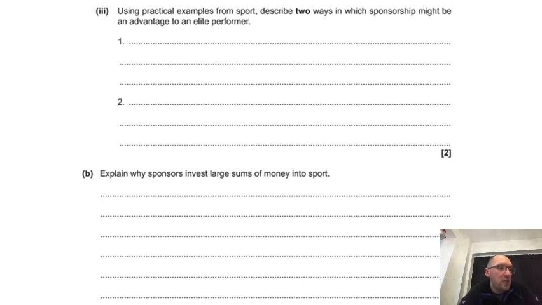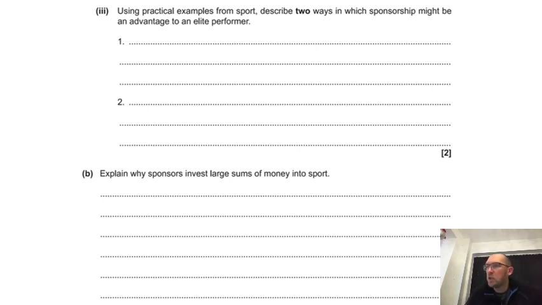Give status, recognition, image, or become better known athletes or increase in fame, e.g. a squash player is better known because of being sponsored by Slazenger. So that whole practical example, once again, is vitally important. If you do not put it, you do not get a mark.